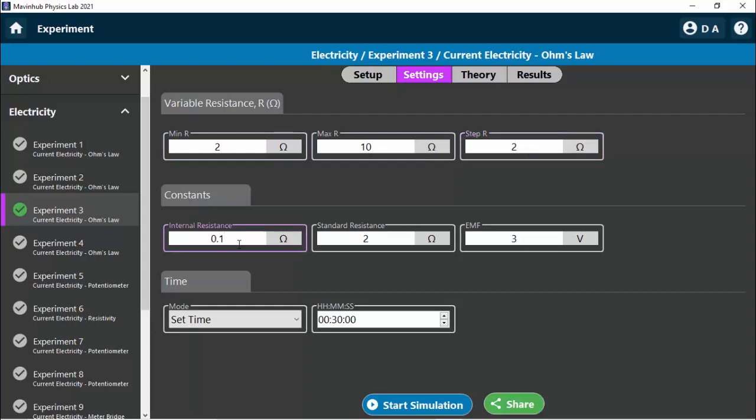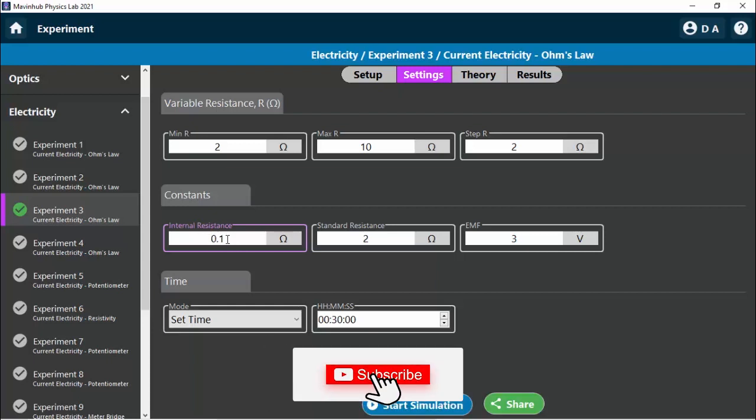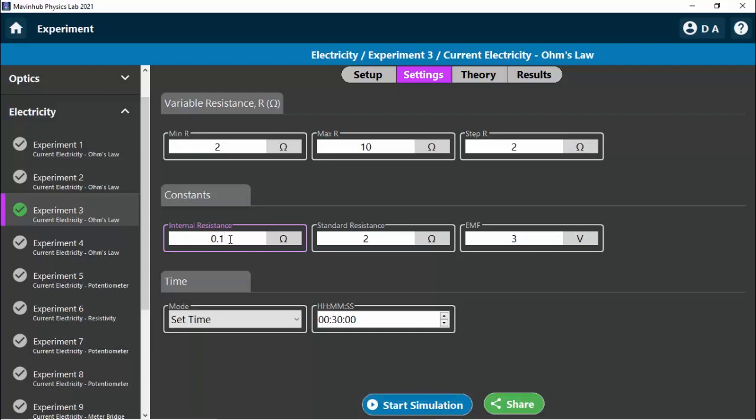Every battery has what is known as internal resistance, because when you connect a battery to a closed circuit, the voltage across the battery drops once the circuit is closed.